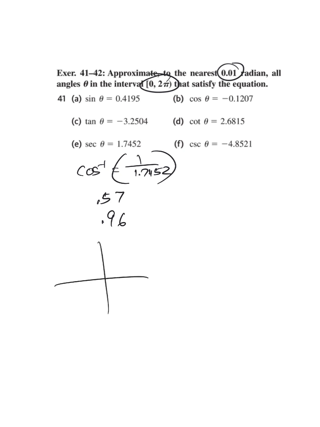All right, so 0.96, this is 1.57, so on the unit circle, 0.96 is about right there. So this is 0.96. That's the first value.